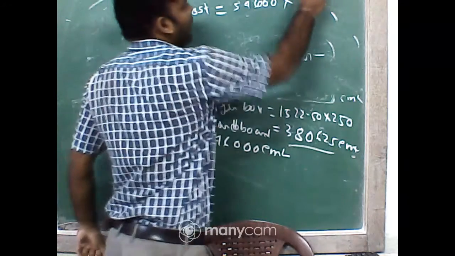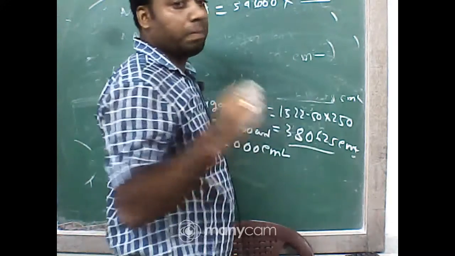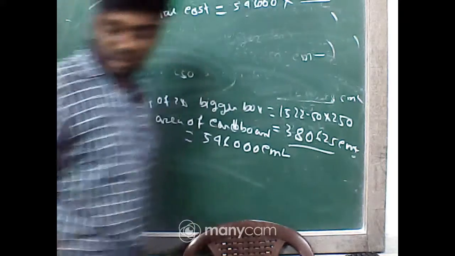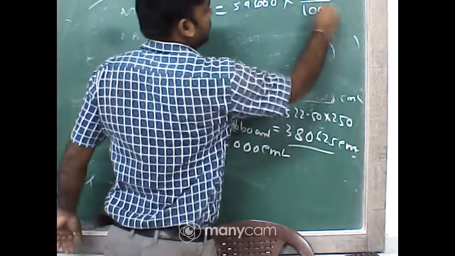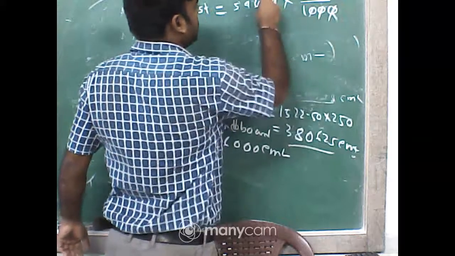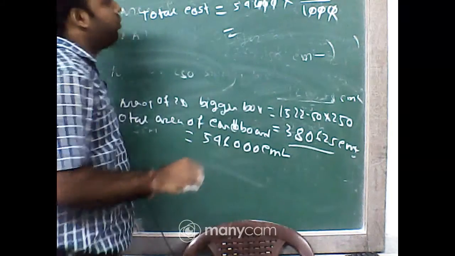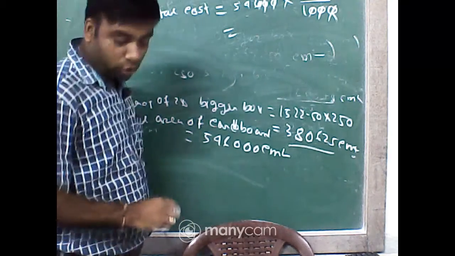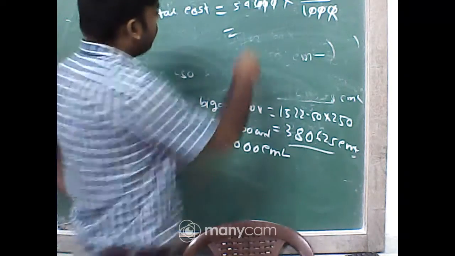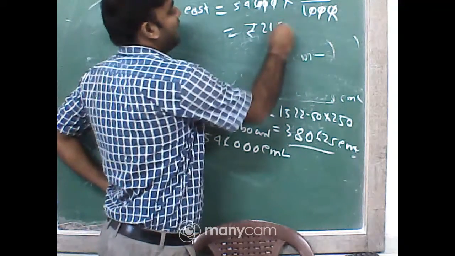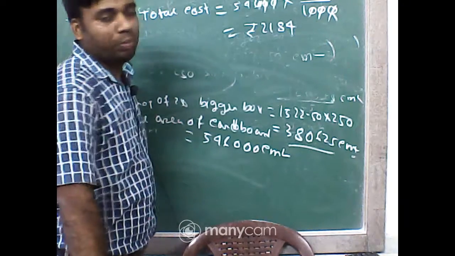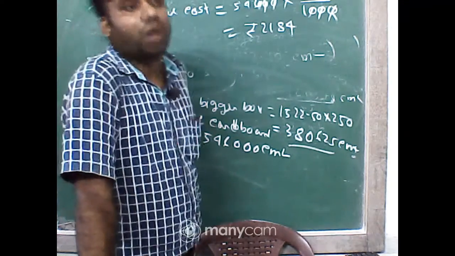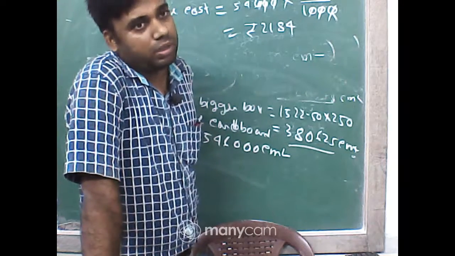So 546 into 4, that is rupees 2184. Okay, that amount is needed to make the 250 smaller boxes and 250 bigger boxes.